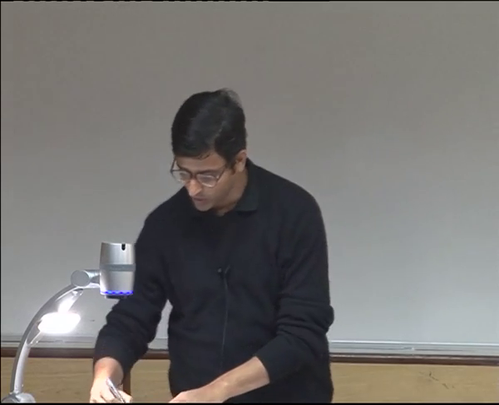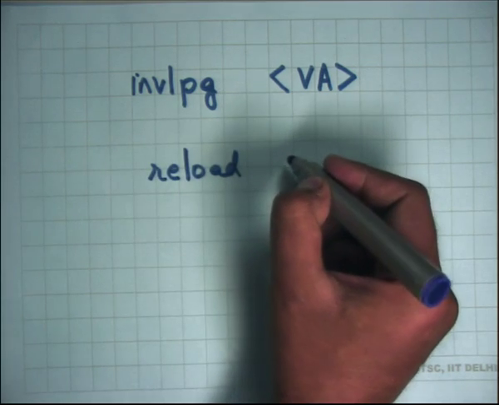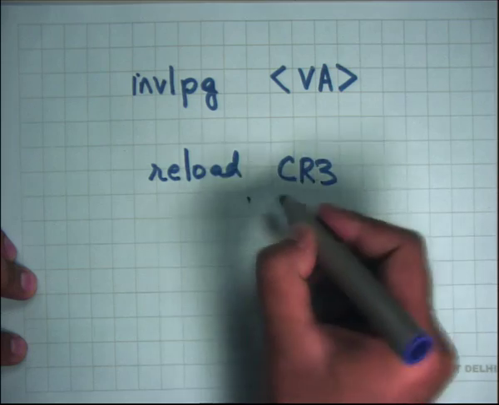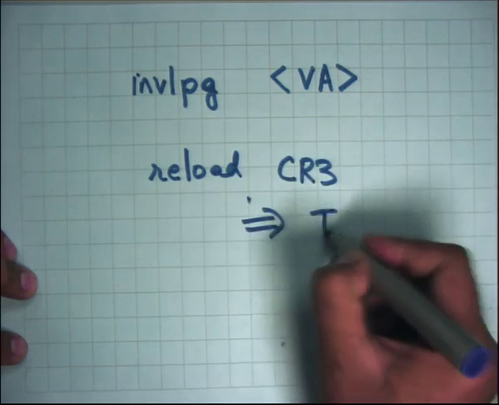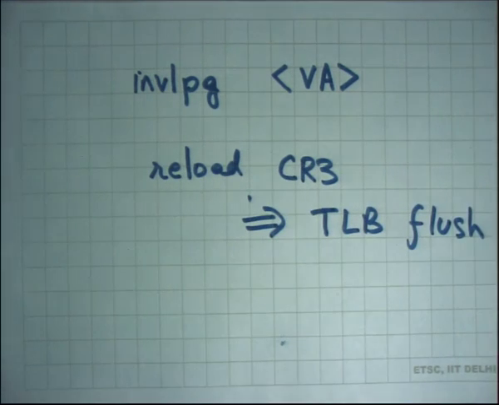So reload of CR3 implies TLB flush, right? So on every context switch, you flush the TLB completely, because the entire address space has changed. All the old cached VPN to PPN mappings need to be invalidated.